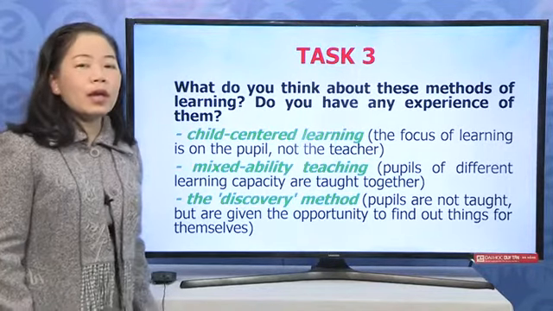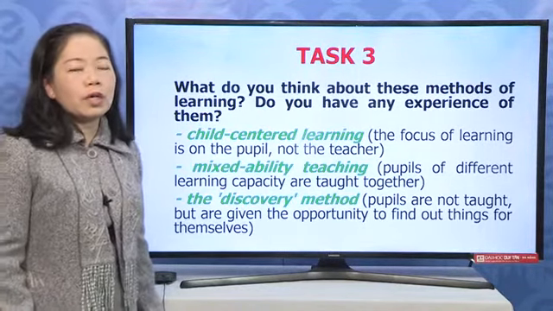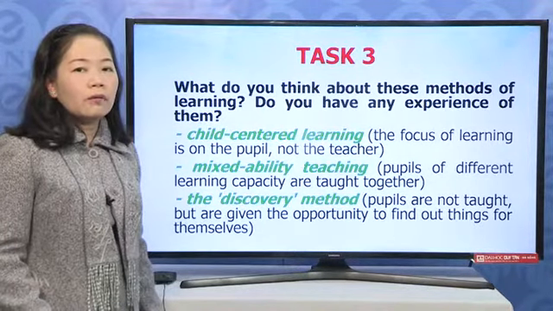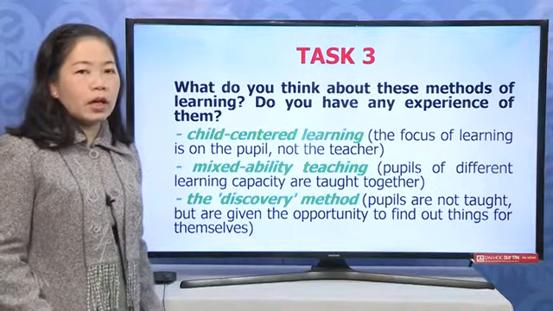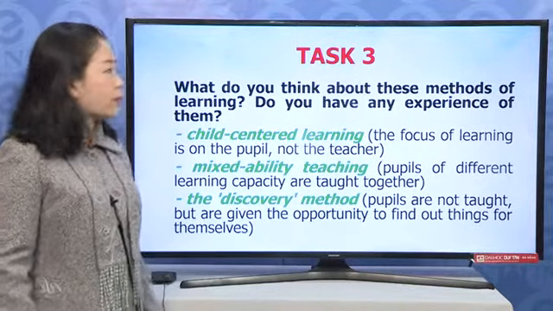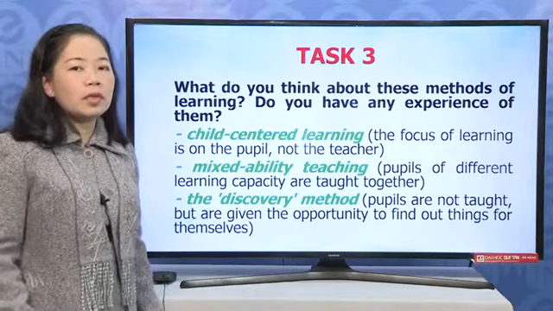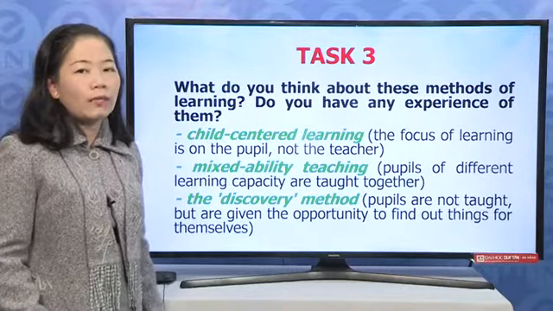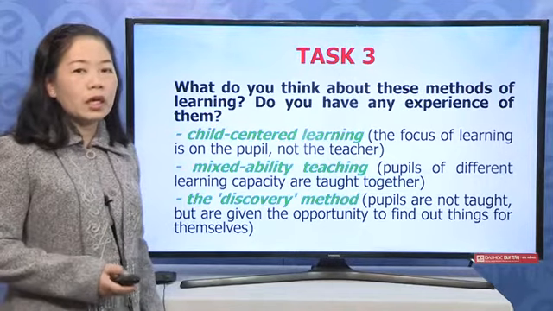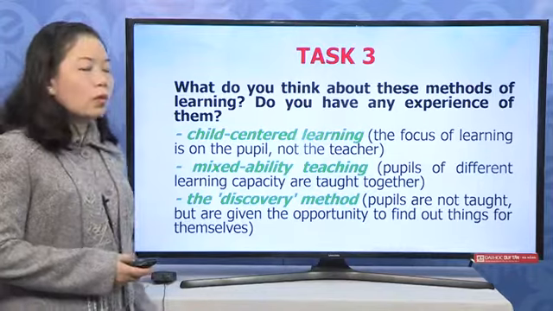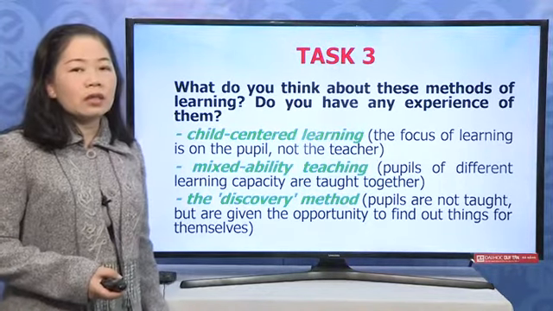And in task 3, you are required to tell your viewpoints, what you really think about the 3 various approaches of teaching and learning. And you can also tell your partner if you have any experience of these methods or not. The first one is child-centered learning.